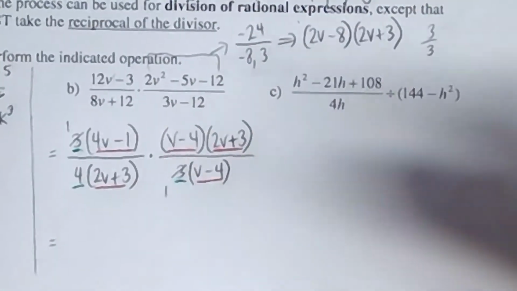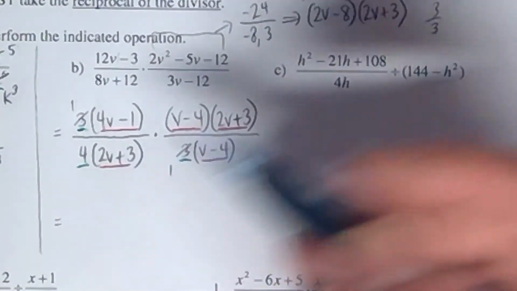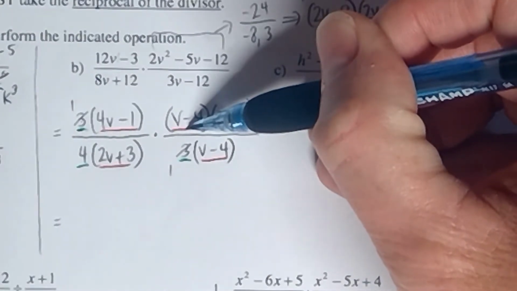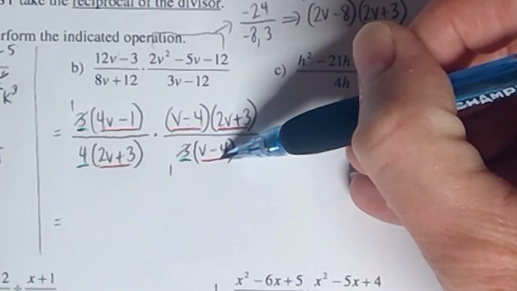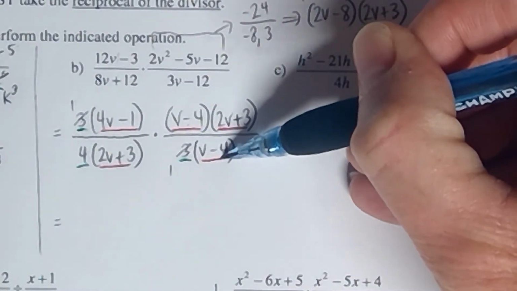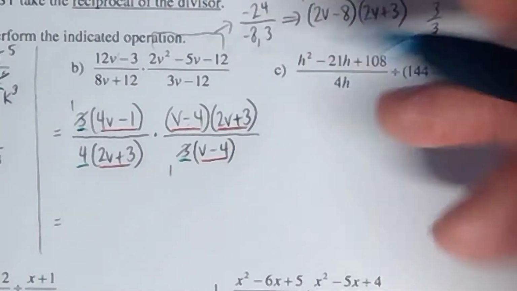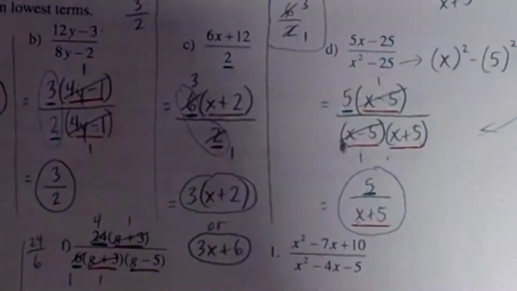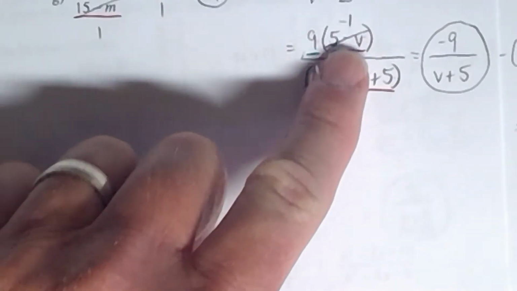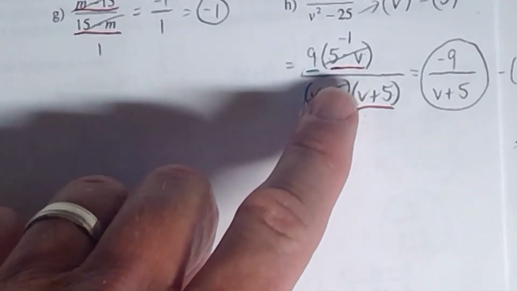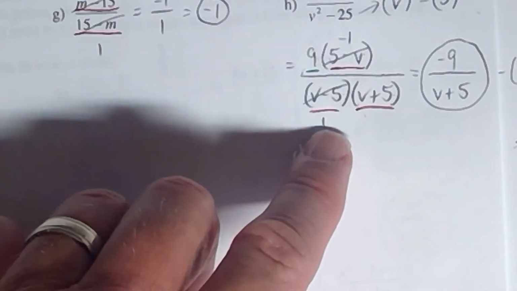But remember what we said in the last section in regards to red factors. If you have one red factor on top that's exactly the same as a red one on the bottom, there's also that special exception where sometimes you have the same terms but opposite signs. Okay, remember those problems right here. Keep an eye out for those as well. Those also cancel.